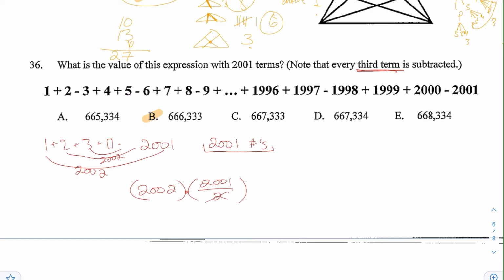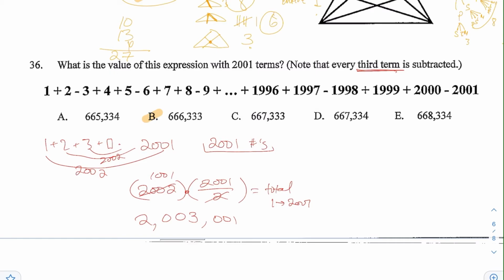This will give you 1001 times 2001, which represents the total from 1 to 2001. So 1001 times 2001 is 2,003,001.